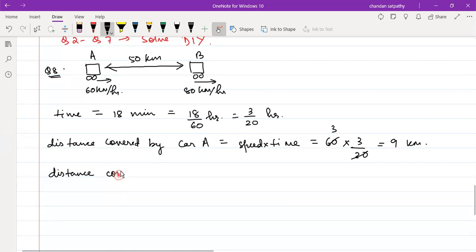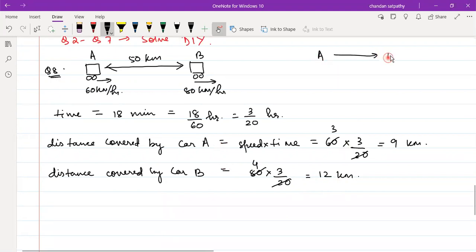So now we'll write the distance covered by car B. Again speed into time, so that is 80 into 3 by 20. So 20 fours are 80, so it will travel 12 km. Now you see that A will travel 9 kilometers.